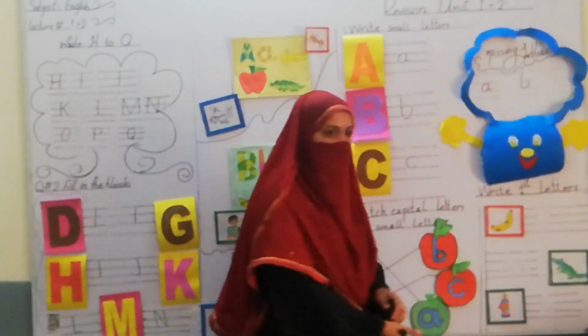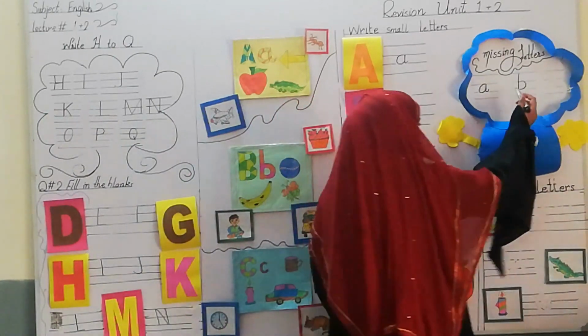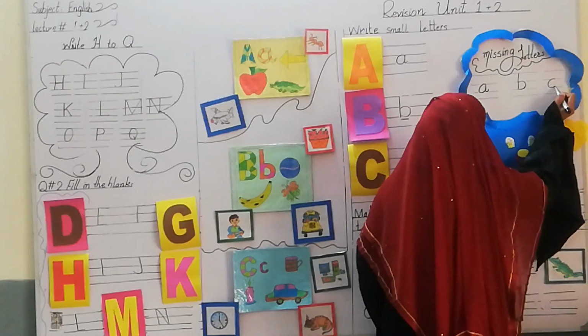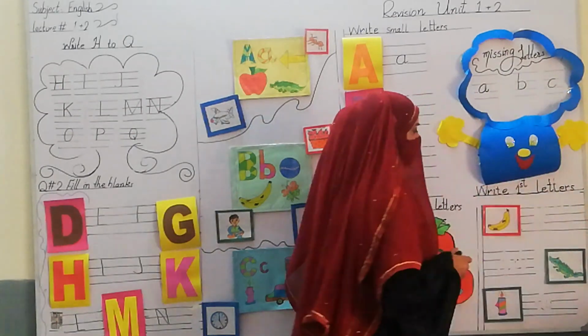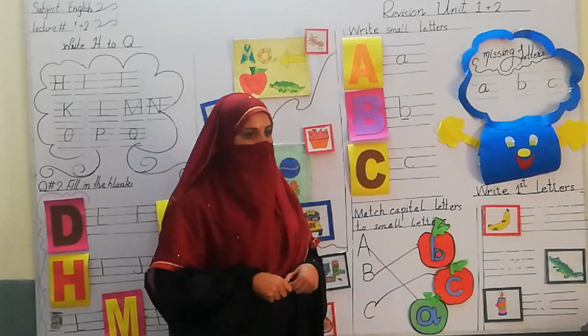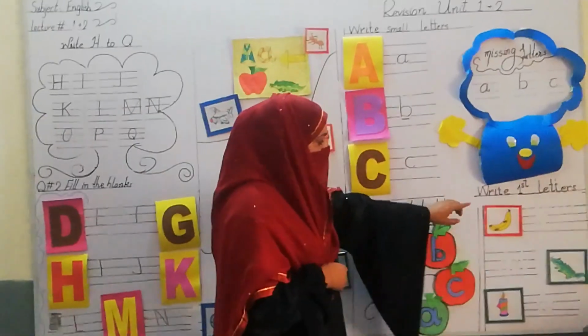B makes the sound B. What comes after B? C. Right here small letter C. C makes the sound K. Now move to the next question.